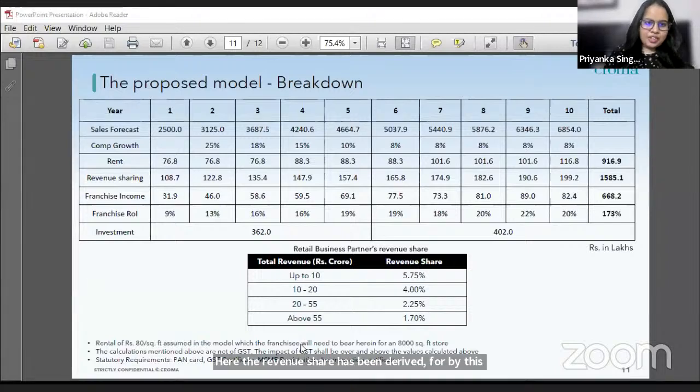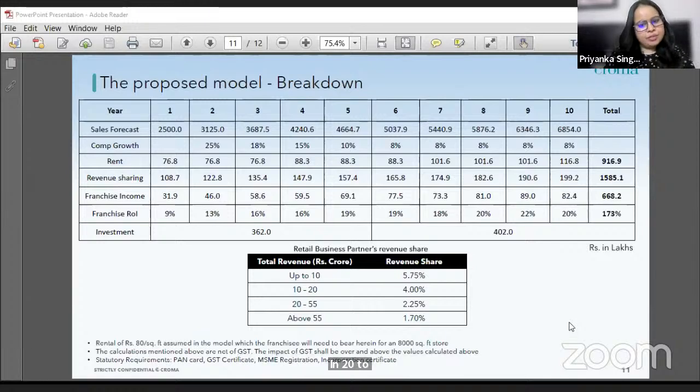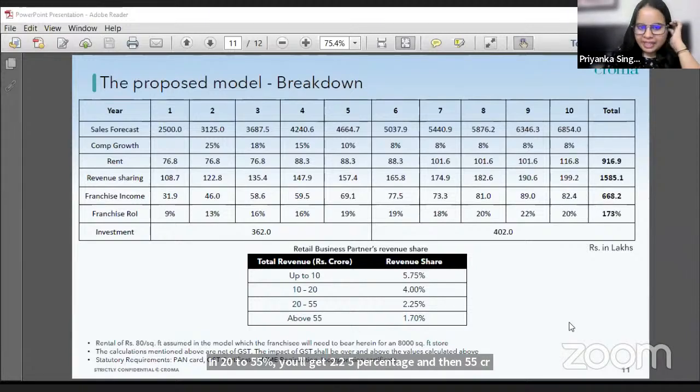If the sales is 25 cr, on the first 10 cr you will get 5.75%. For the next 10 to 20 cr you'll get 4%, then from 20 to 55 cr you'll get 2.25%, and then 55 cr onwards there is 1.7%. It's more like an income tax slab.